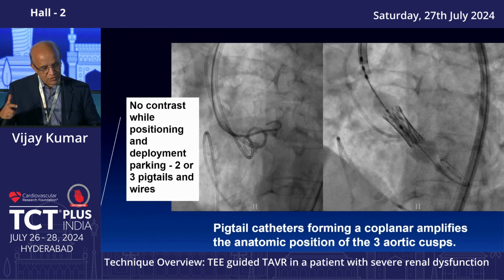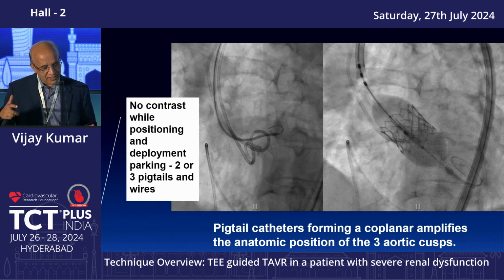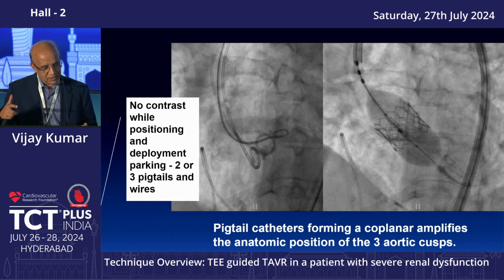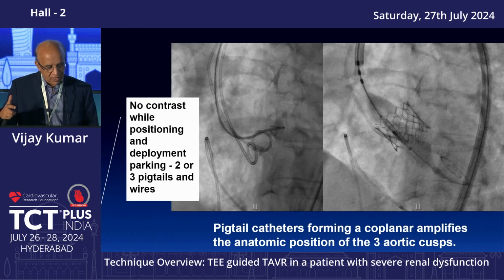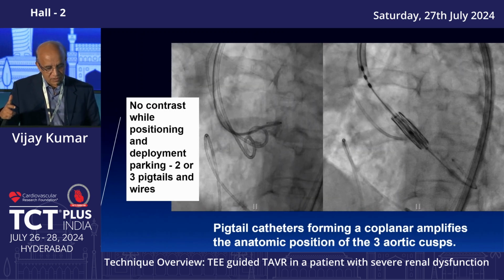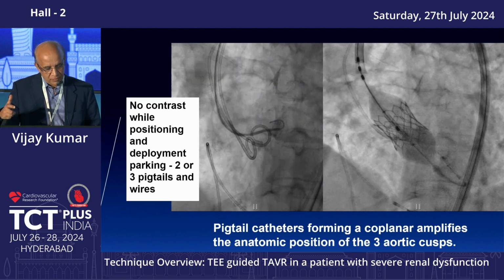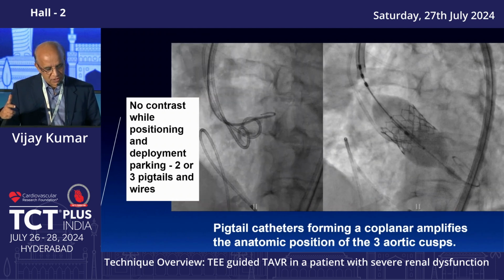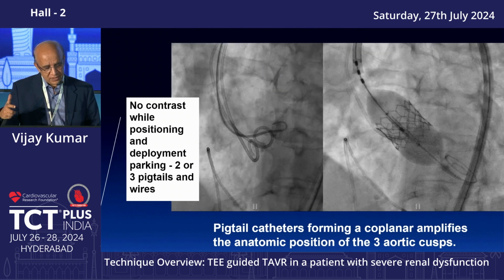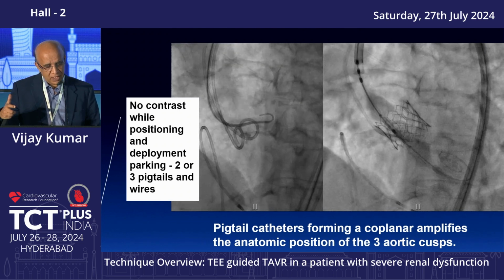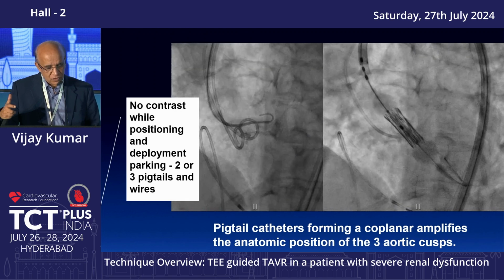So you can take all three pigtails, one from the non-access side, one from the radial, and the third pigtail can be taken from the same side as your access vessel, from a puncture point which is below the main access puncture site. It can also be done with two pigtails, or sometimes with the help of coronary wires also. So various people have used these.